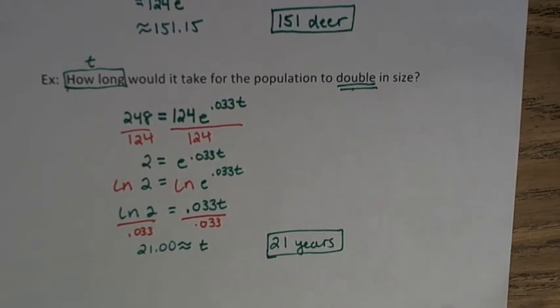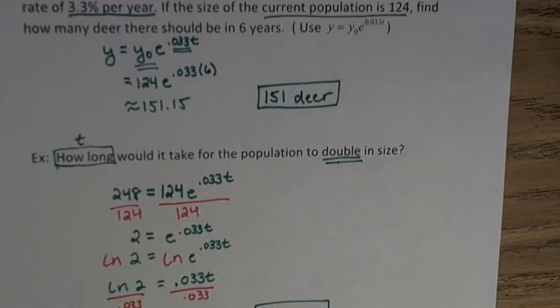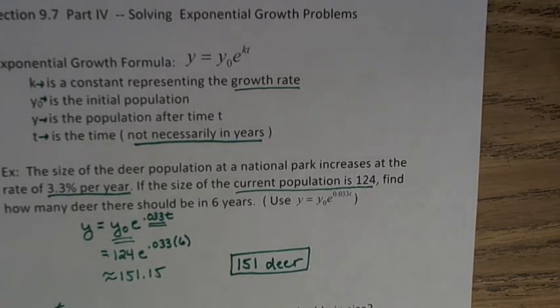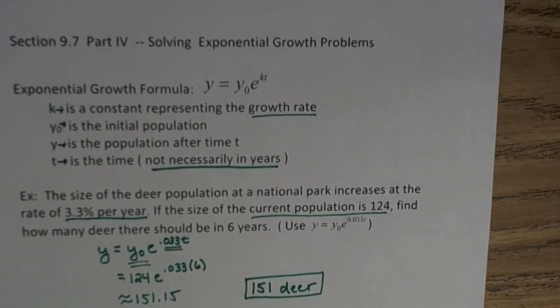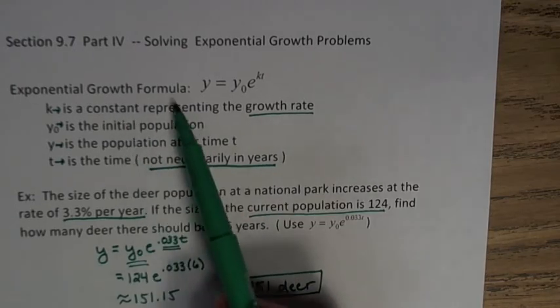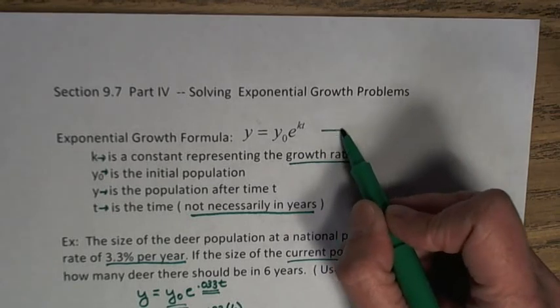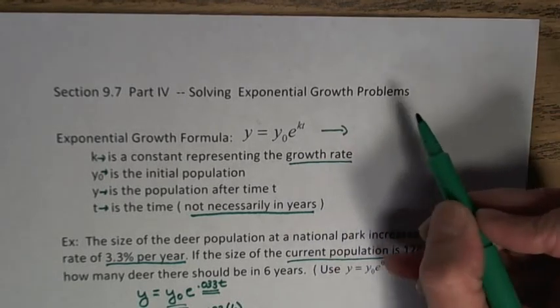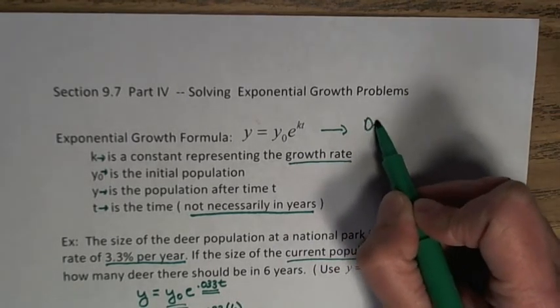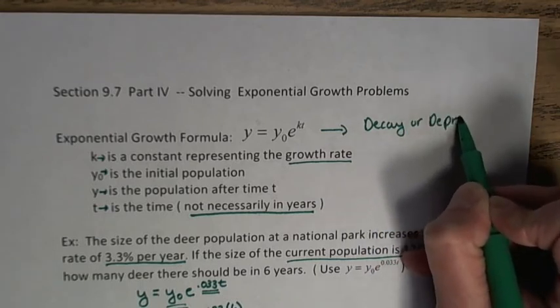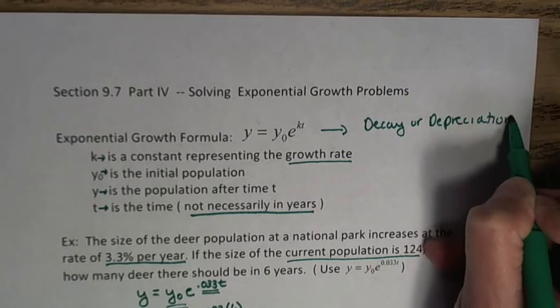Now, the last thing I want to take a look at here is back up at the formula. Notice that I specifically was talking about a growth formula here, but I could also look at this as what we call a decay or depreciation formula.